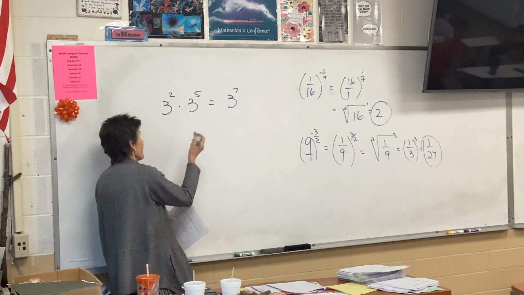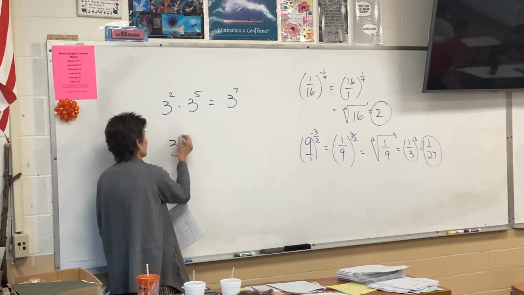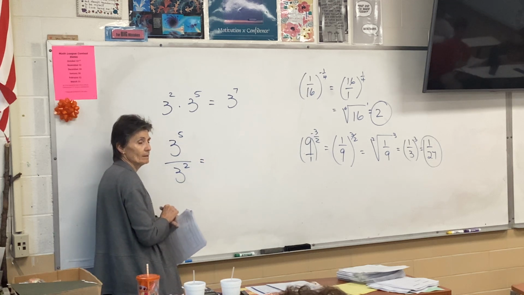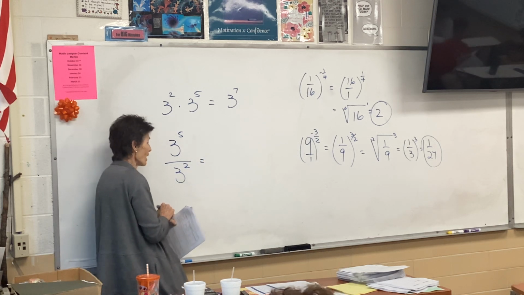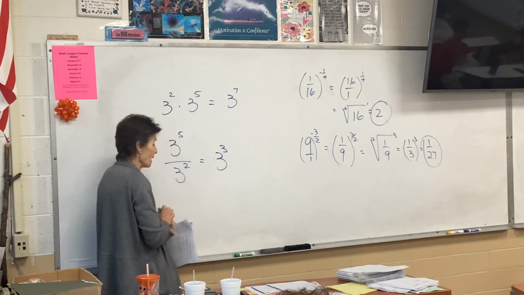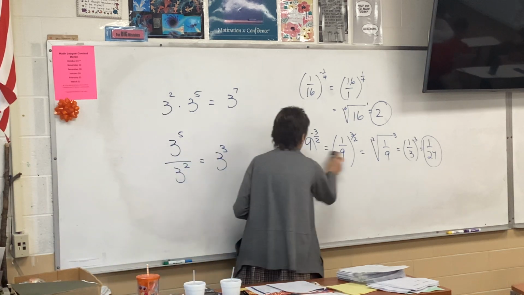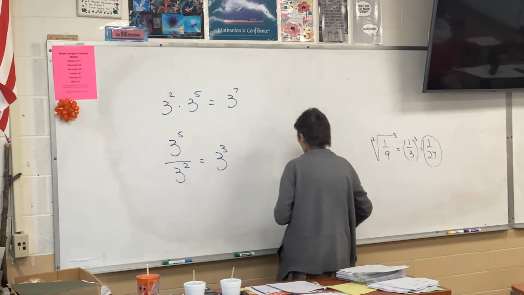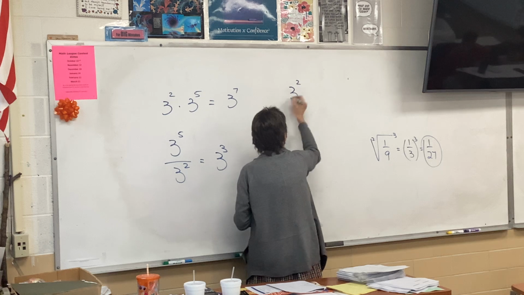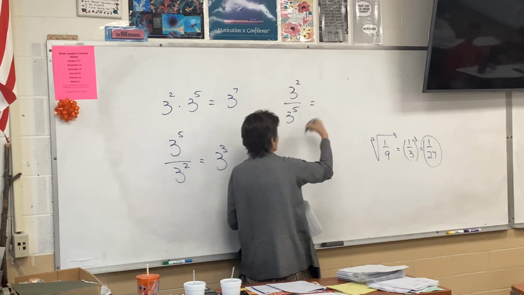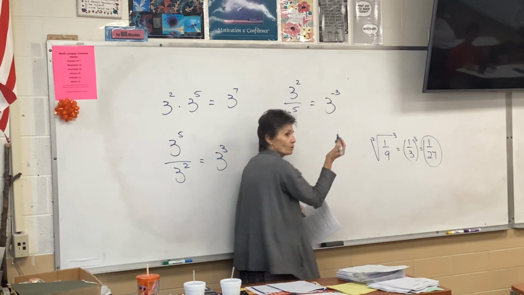Okay? If I'm dividing, let's say I have 3 to the 5th over 3 squared, then I will subtract the exponents, and that will be 3 cubed. Now, I am going to subtract the exponents regardless. So, if it were 3 to the 2nd over 3 to the 5th, when I subtract exponents, I get 3 to the negative 3rd.